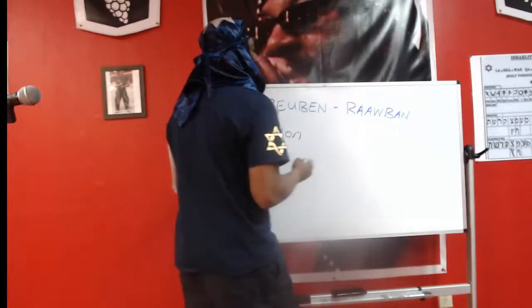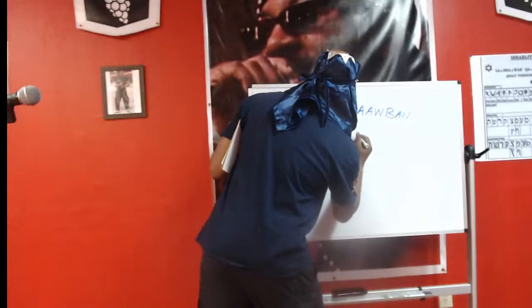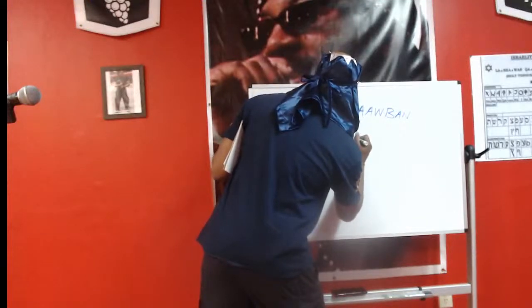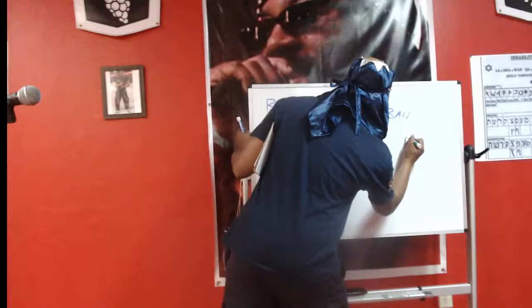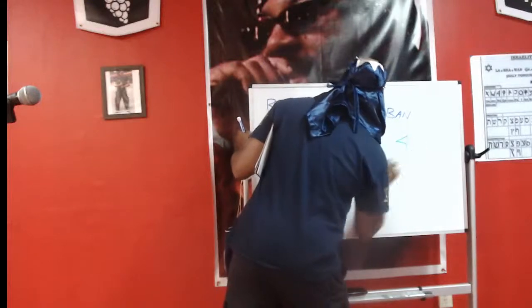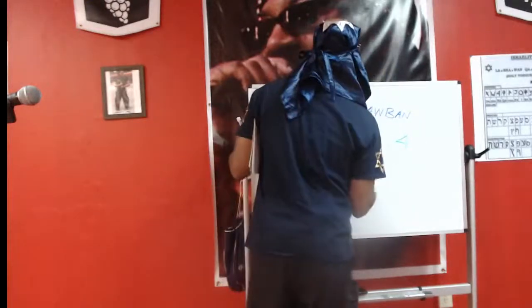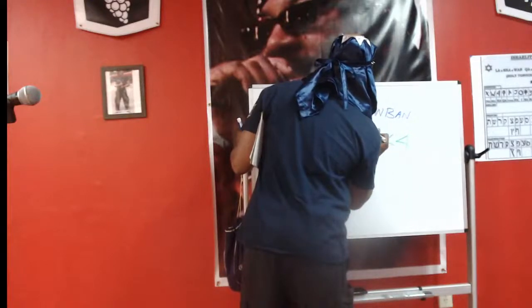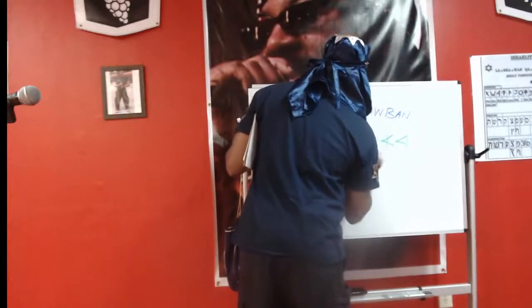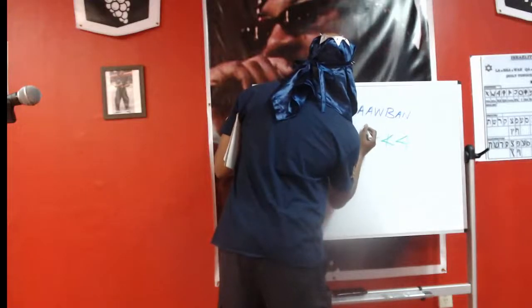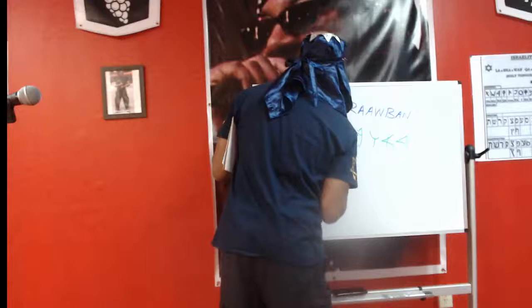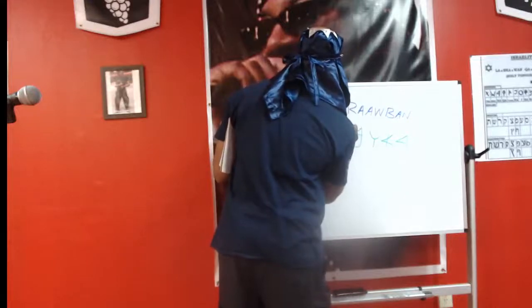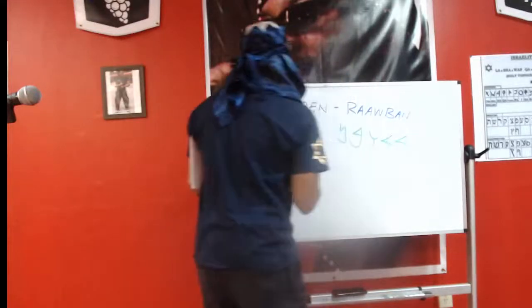Now, it gets a little tricky in ancient Hebrew. Ra. Wa. Then we have Wa and Na.